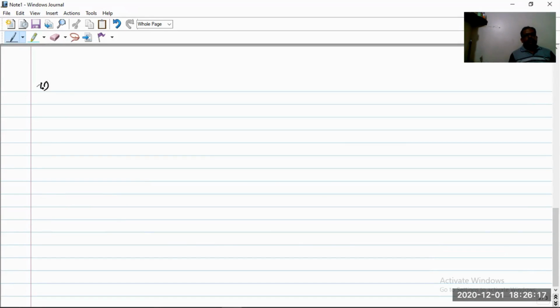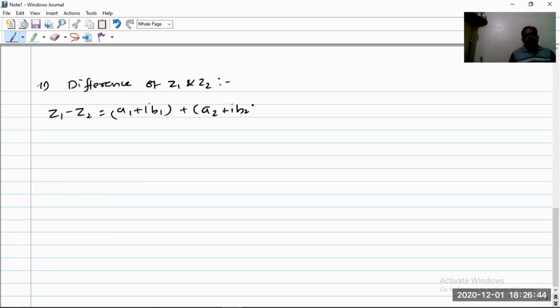What do we mean by the difference of two complex numbers? Whether the difference of two complex numbers exists or not in the complex numbers. Difference of Z1 and Z2. As we know, Z1 and Z2 are the two complex numbers denoted by A1 plus iB1 and A2 plus iB2. I can take the difference of them, A1 plus iB1 minus A2 plus iB2.